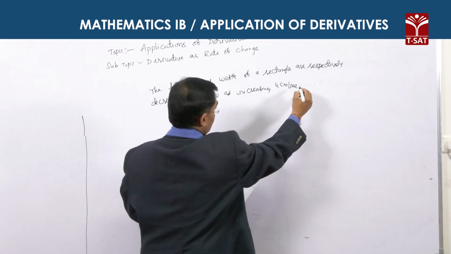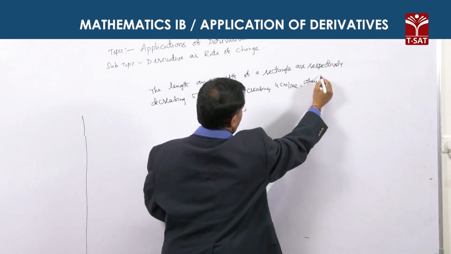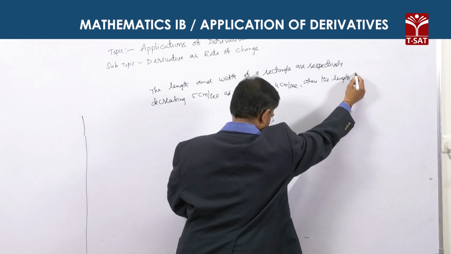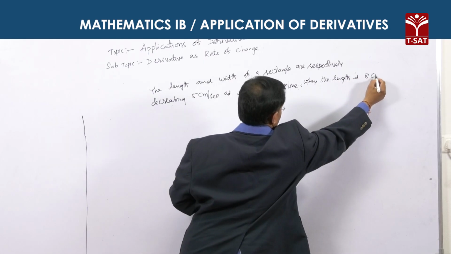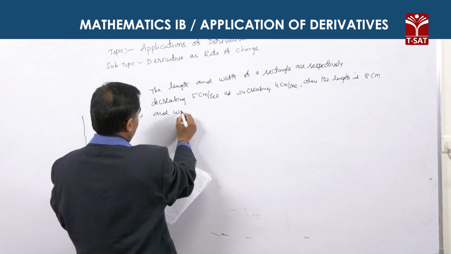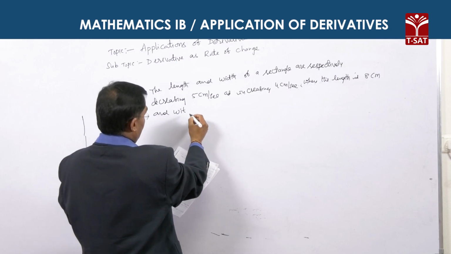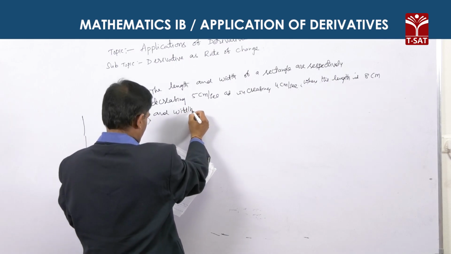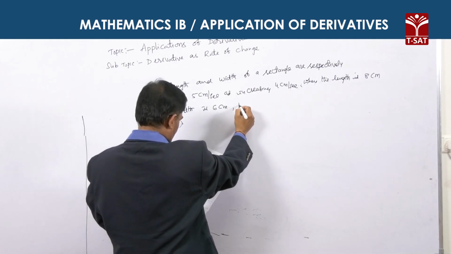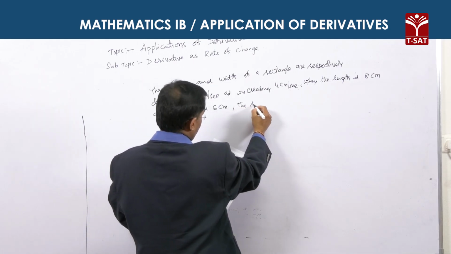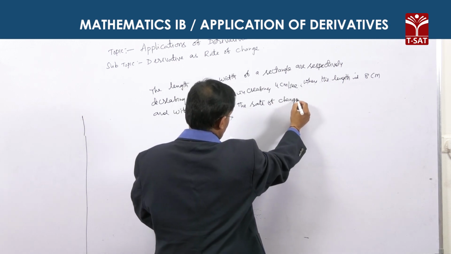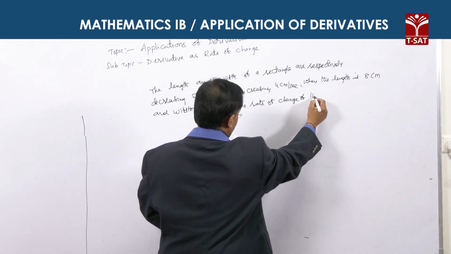When the length is 8 centimeters and width is 6 centimeters, the rate of change of the area is dash.